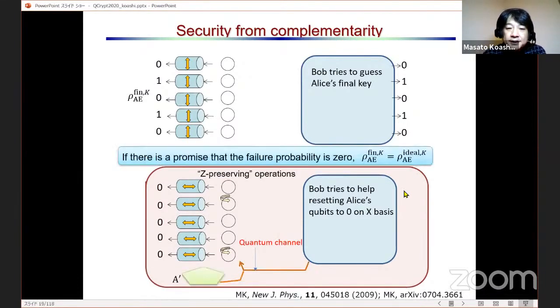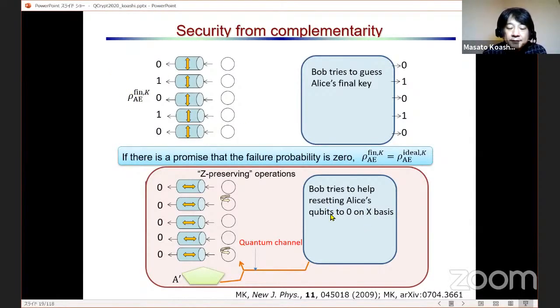But this notion here does not have to limit the channel to be classical. So the same argument works if we allow a quantum channel here, or if we allow Alice's other systems to be involved here. So the most general statement is that if there is a promise that the failure probability is 0 after doing some z-preserving operations here to reset Alice's qubit to 0, then this binary key is secure.